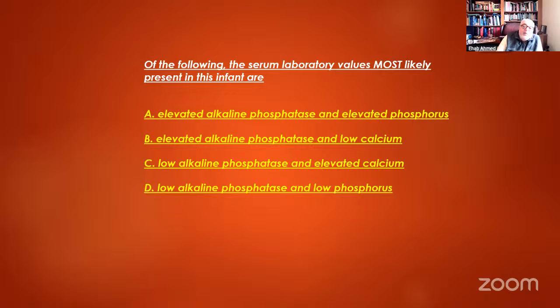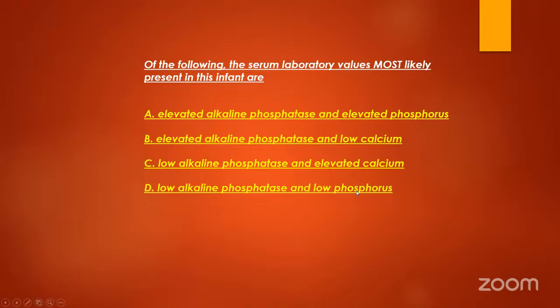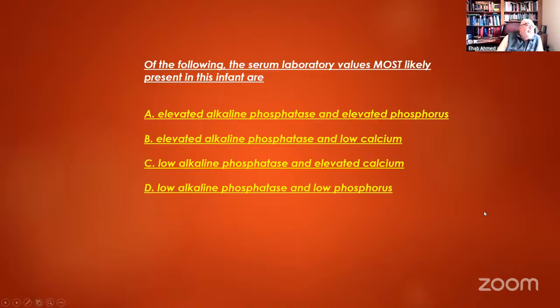More D's than C's. So you think the phosphorus is low in the blood, and the alkaline phosphatase is low in the blood, or the phosphorus is high, which you don't have here, except with increased alkaline phosphatase. The correct answer is C.